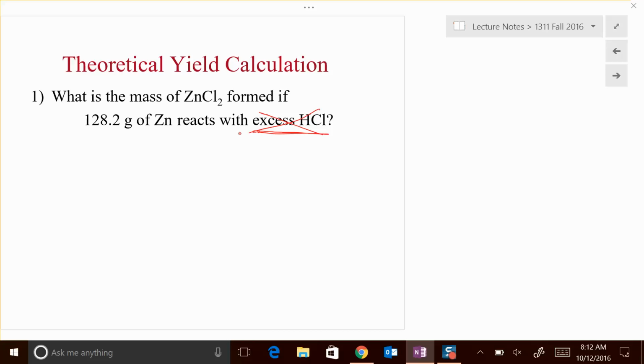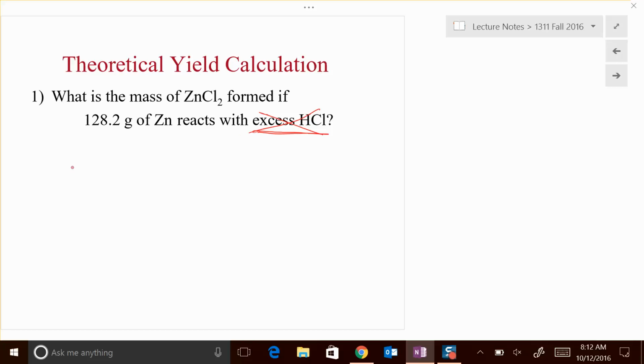And when the reaction stops, I stop producing product. Therefore, it's the zinc that determines how much product I make, not the HCl, because the HCl is in excess. So I do not include it in my conversion. It's not part of it. Okay?